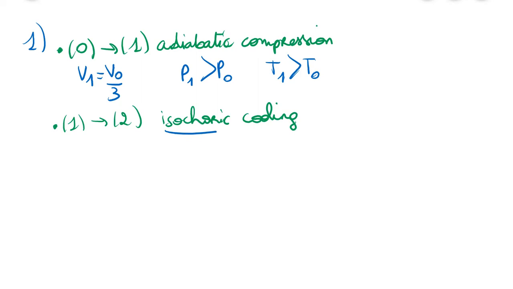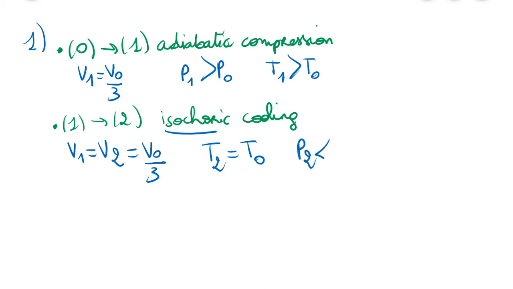So we have V1 that is equal to V2. And we specified earlier that V1 is equal to V0 over 3. So V2 is also equal to that. Another piece of information that is given in the wording again is the fact that T2 is equal to T0. And we can deduce the fact that P2 is smaller than P1 just because it's a cooling.